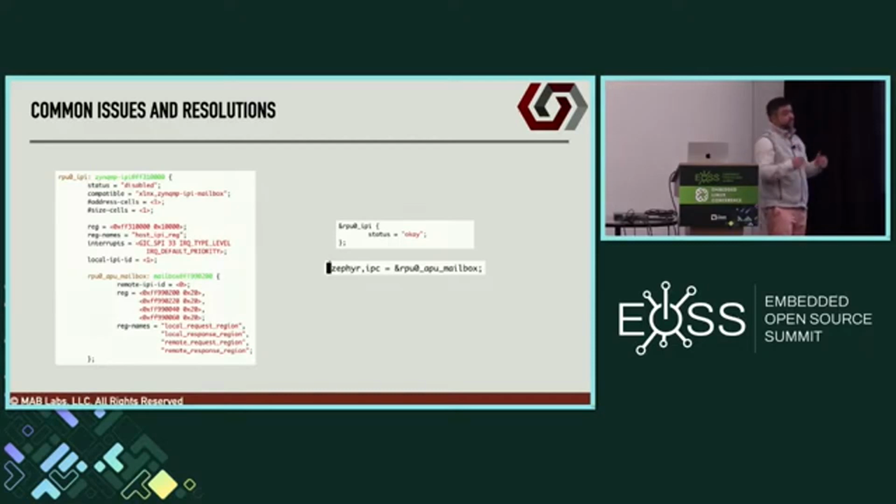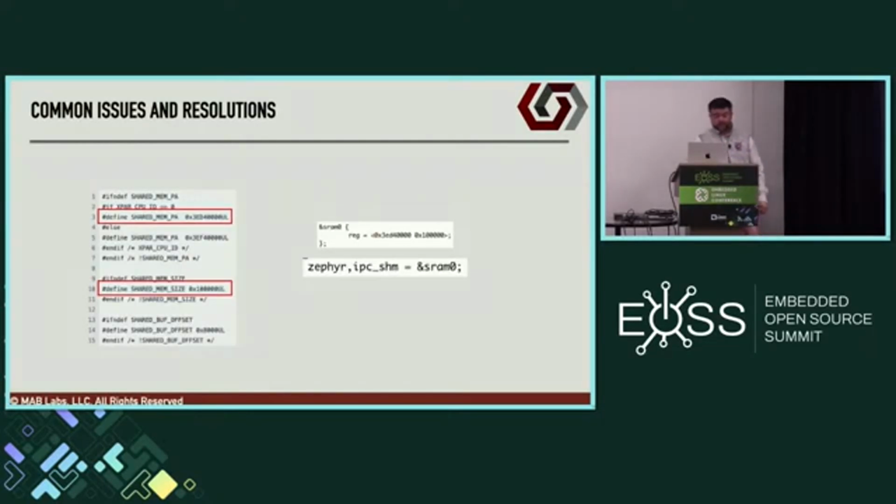So this is the 0th MCU. All we need to do is make sure that we enable that, and then in our overlay file, ensure that we're setting this Zephyr IPC node entry to a reference to this particular mailbox.